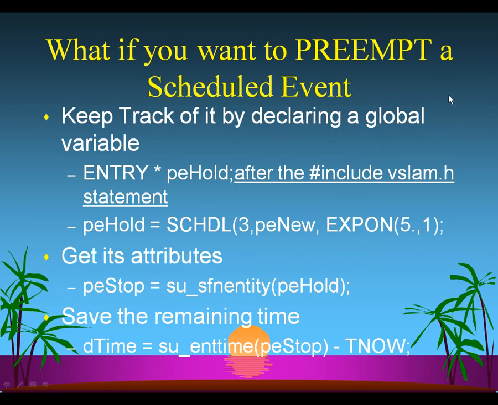What if we want to preempt a scheduled event? This is something that you'll need to know how to do in 15.1 in the embellishment. So we want to declare a global variable. This would be at the top of your code. We declare a variable which is an entry pointer called PEHold. And when we schedule the end of service event, in this case we've used event code 3, we want to save the value that schedule returns, which is an entry pointer, and this will be the entry pointer for that event in the event calendar.